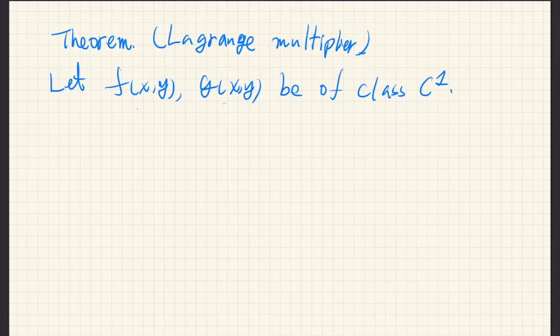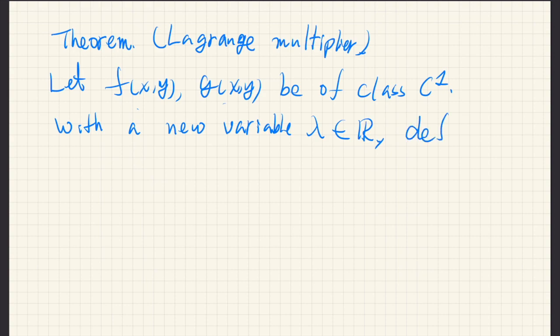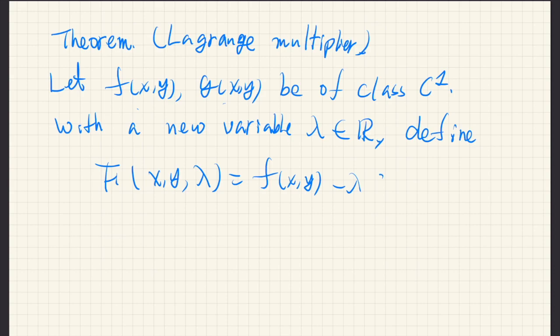And with a new variable lambda, that is real, we define capital F of x, y, and lambda that is equal to f of x, y minus lambda g of x, y.